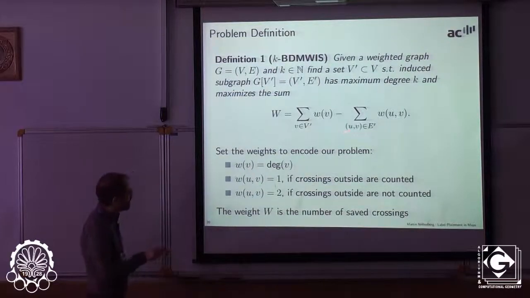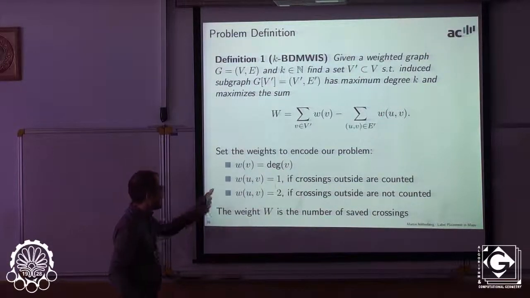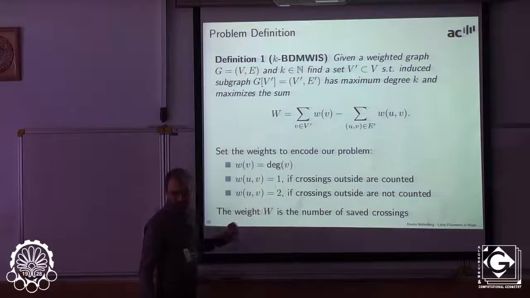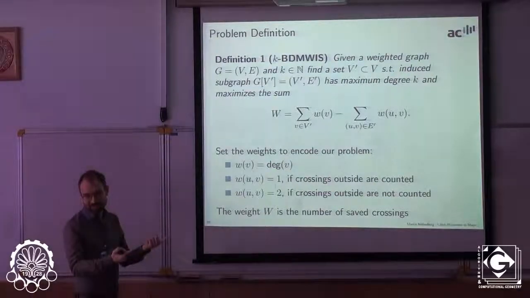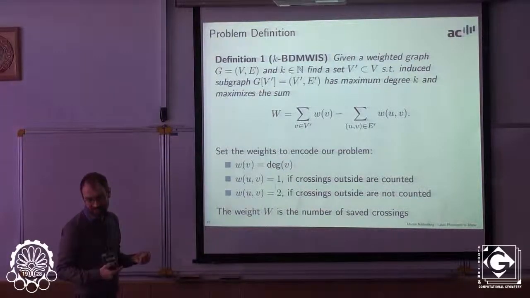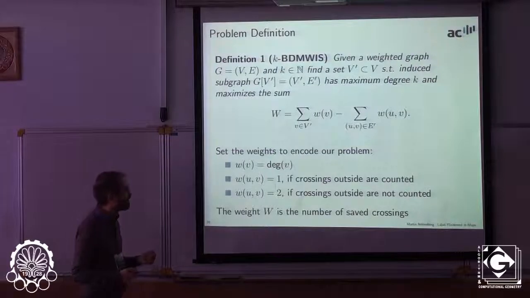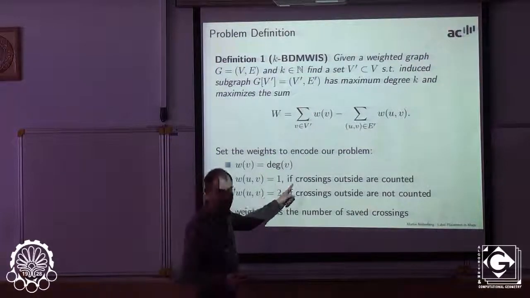And then for edge weights in the induced subgraph, we can either set the weight of 1 or the weight of 2. What does that mean? If we take a pair of edges that cross in the interior and put both of them to the exterior, they will still cross in the outside. We can either say crossings in the outside are also something that we want to have small.